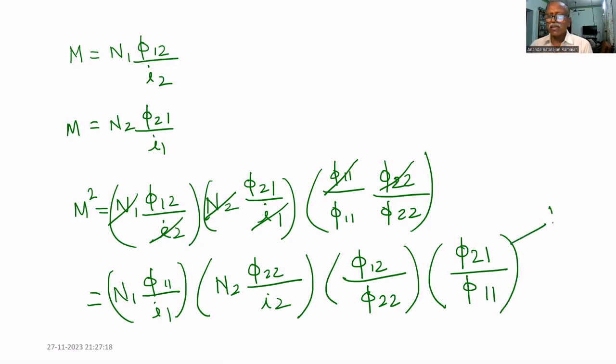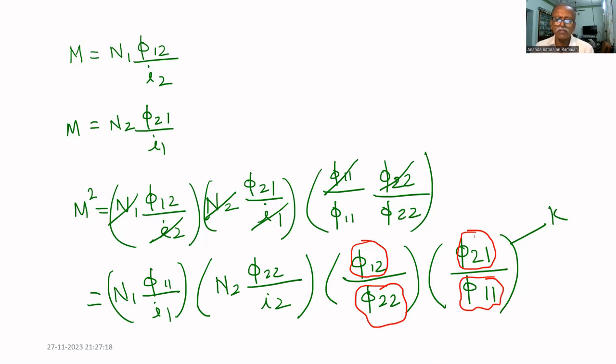This ratio is called K. The ratio of the part of the second coil flux linked with the first coil to its total flux is also called K, the coupling factor. The first coil produces the total flux of φ11, out of which φ21 is linked with the second coil. This is called the coupling coefficient.